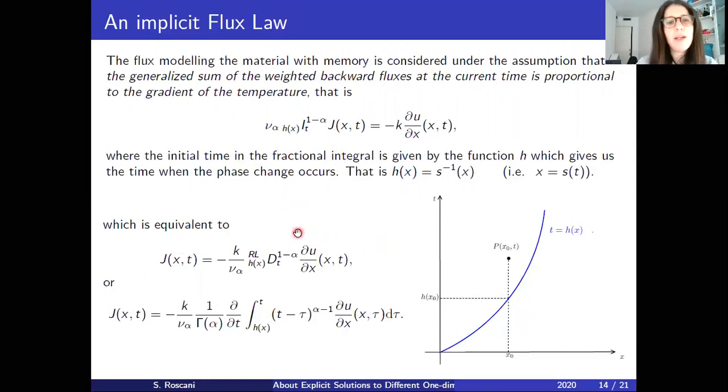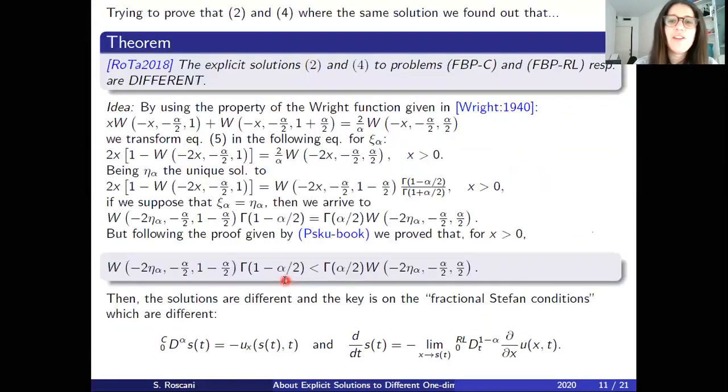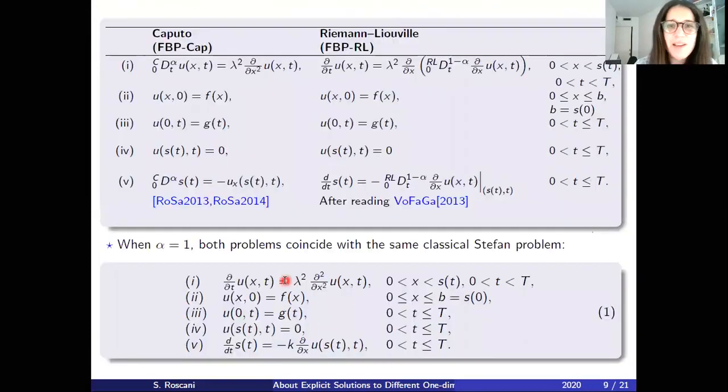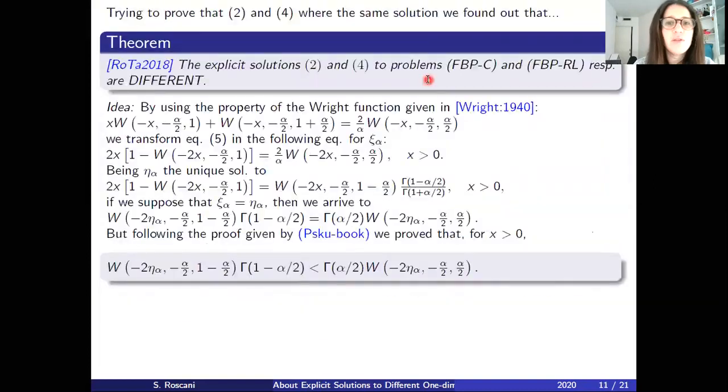But what happens when, in this operator, which is a time derivative, integral, fractional derivative, the starting time depends on the position? It is more difficult to work with than the fractional Stefan-like problems, where we have 0 here and we know how to derive many functions when we start from 0, but when we do not start from 0, it's not so easy.